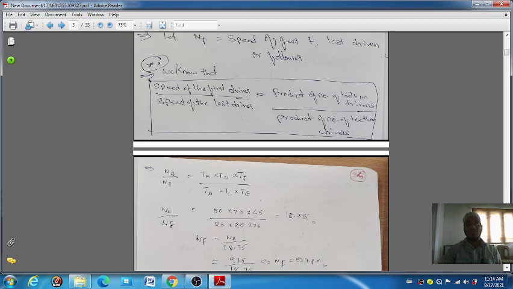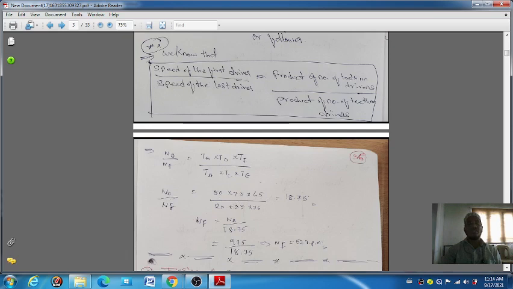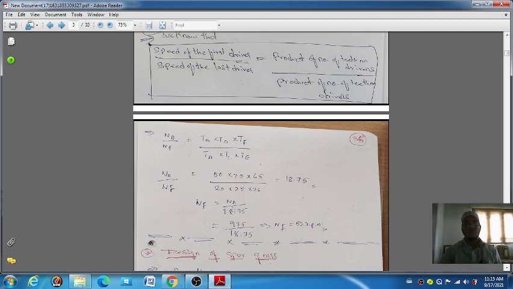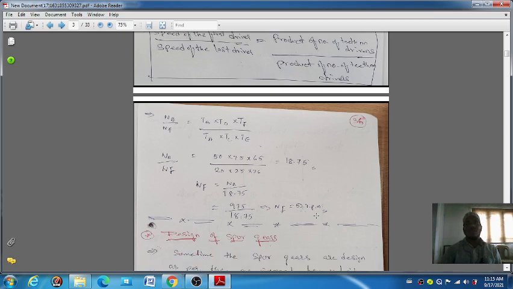Just substitute these values on the calculator, then you will get NF equal to NA by 18.75, whatever the value you get. Then substitute the value of NA, which is given in the question as 975, and you will get the speed of the gear F.